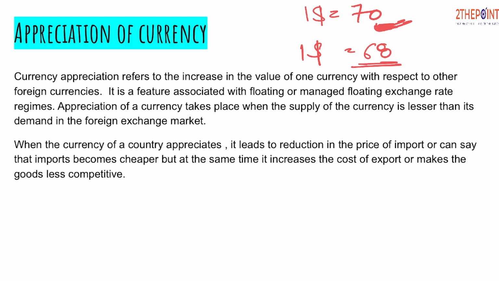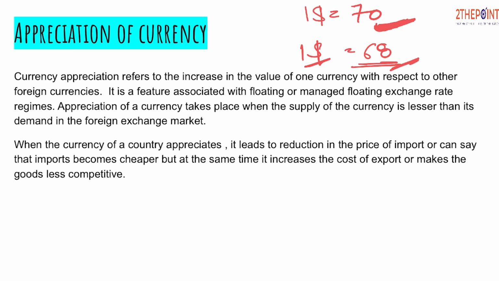What does this mean? It means the value of your currency has appreciated, or become stronger, because earlier you had to spend 70 and now you just have to spend 68 to buy 1 packet of biscuits, which we were relating to 1 unit of dollar.